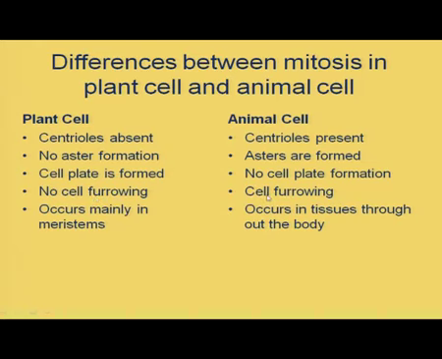But in animal cells, no cell plate formation; it takes place by cell furrowing. In plant cells, no cell furrowing, but it takes place by cell plate formation. It occurs mainly in the meristems. Here in animals it occurs in tissues throughout the body.